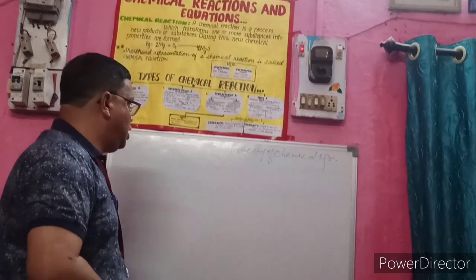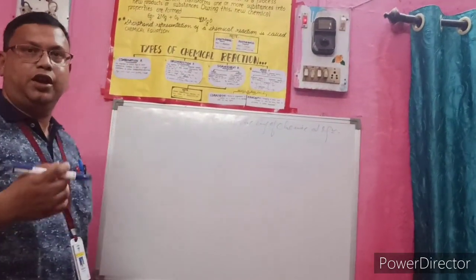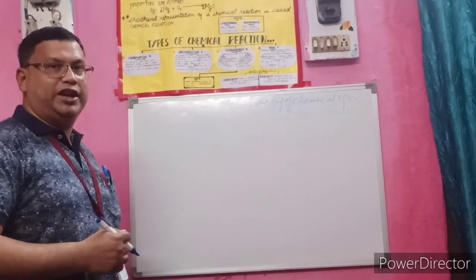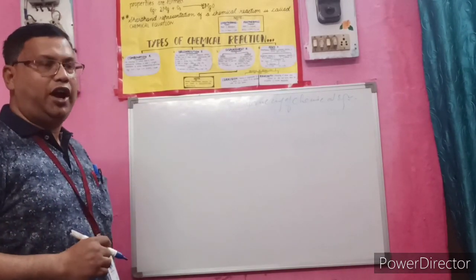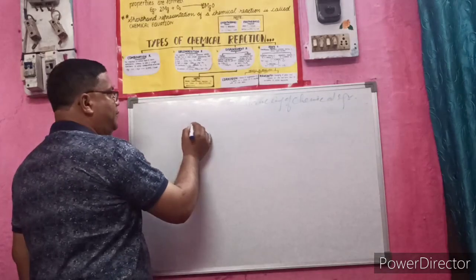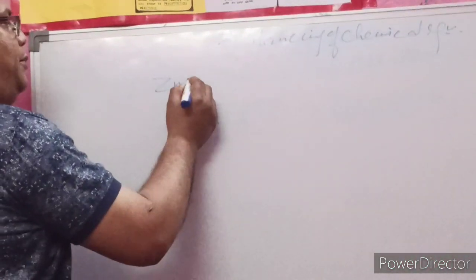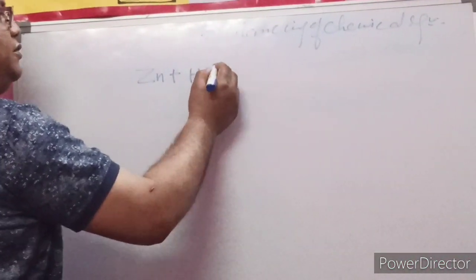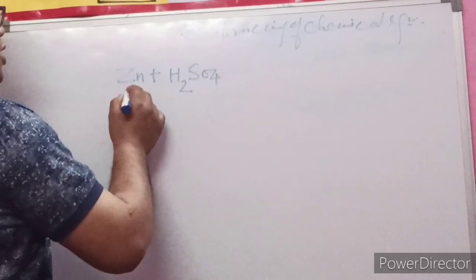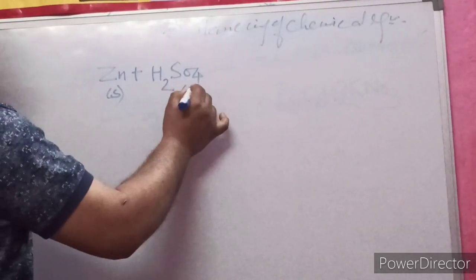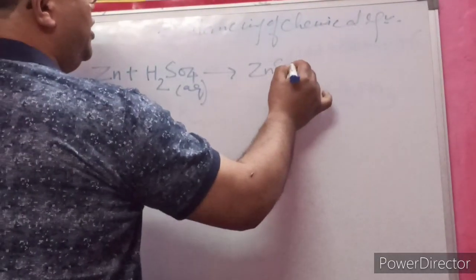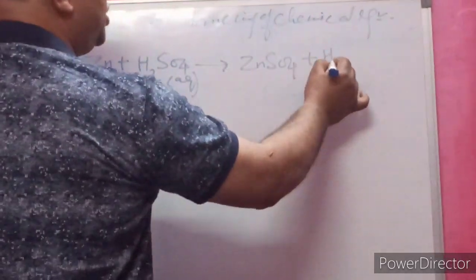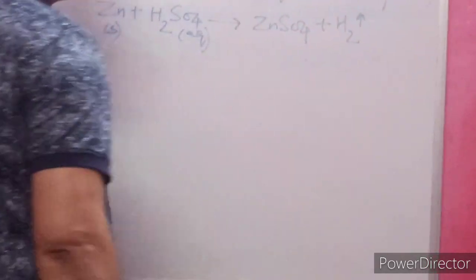Suppose when zinc granules are added to sulfuric acid, it forms zinc sulfate with the liberation of hydrogen gas. So zinc Zn plus sulfuric acid. Zinc is solid, this is aqueous. It forms ZnSO4 with the liberation of hydrogen gas.